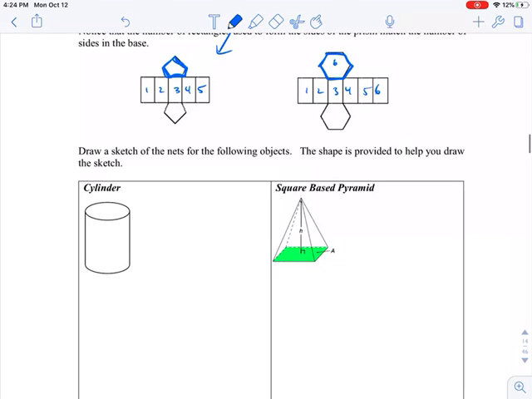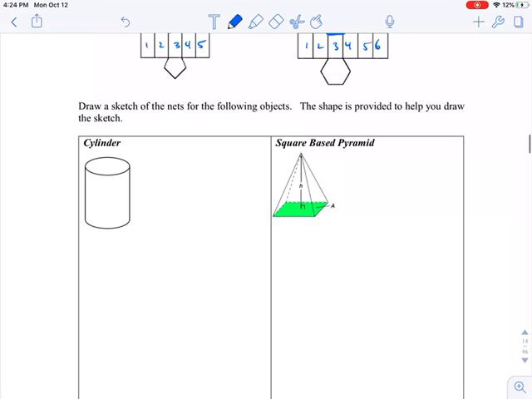We're going to get into nets of a cylinder. Now for a cylinder, I'm just going to draw the bottom circle in there. There are two circles. If you were to make a slice like this and fold out the middle part, you'd actually get a rectangle.